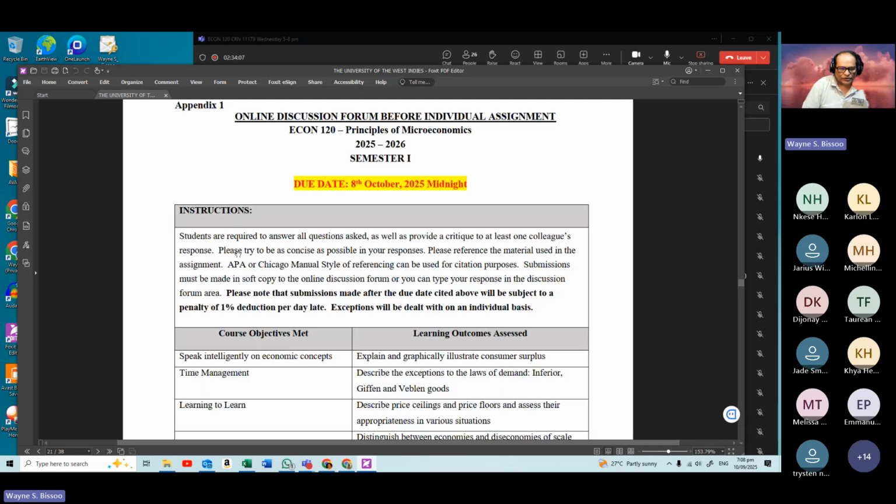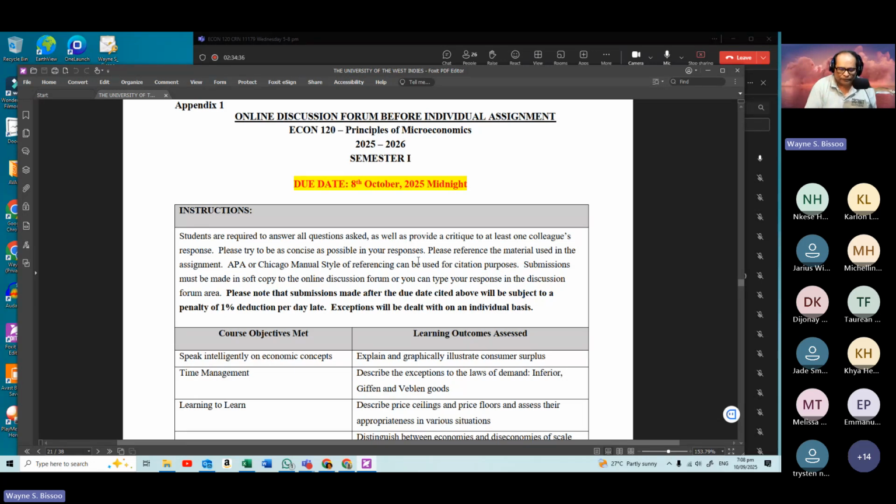The students are required to answer all questions as well as provide a critique of at least one of their colleagues' responses. So that is the requirements. You have to submit your responses to the questions into the forum discussion, and you also have to critically comment on somebody else's responses. That will give you the 100% for this, or the 5 marks for this activity.